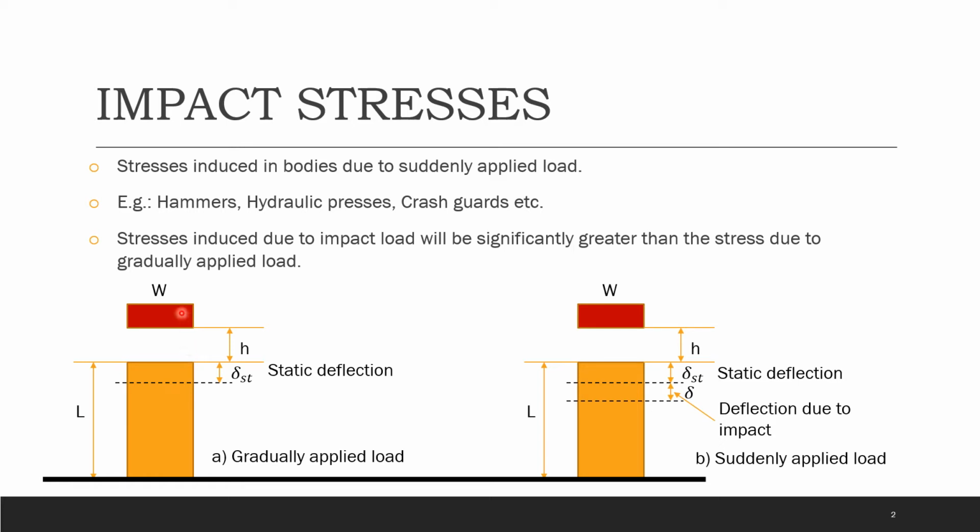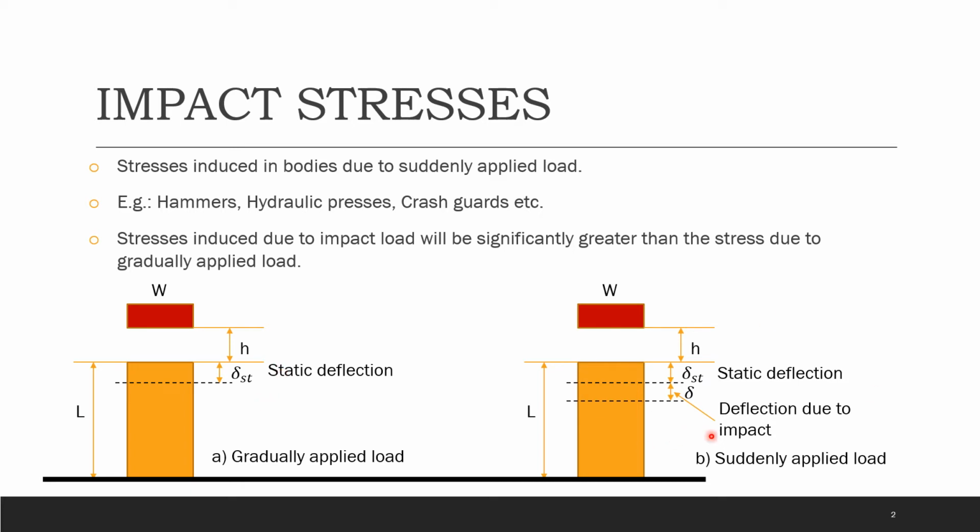Because of this gradually applied load, the body deforms by delta st, or what is known as static deflection, right? And you have learned in mechanics of materials that static deflection can be obtained by PL by AE, or WL by AE in this particular case.